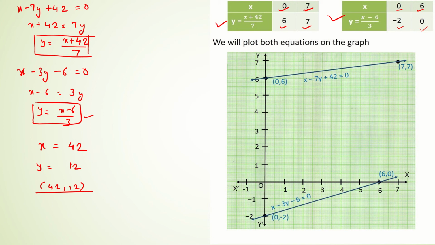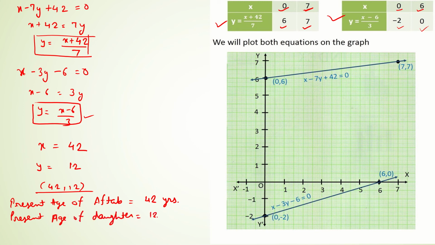So from this step we can say that the present age of Aftab equals 42 years, and the present age of Aftab's daughter is 12 years.